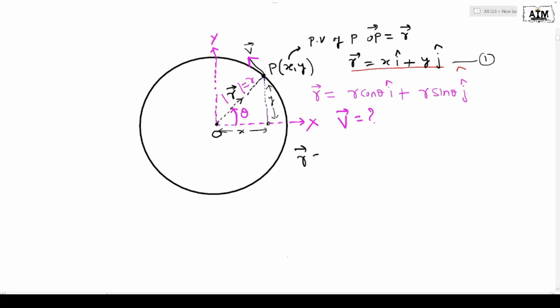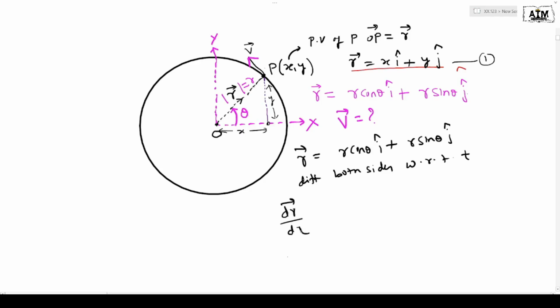So vector R equals R cos theta i cap plus R sin theta j cap. Differentiating both sides with respect to t, we have dR by dt equals the differentiation of R cos theta i cap plus R sin theta j cap with respect to t.